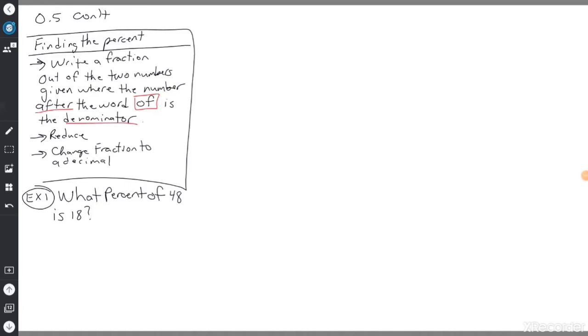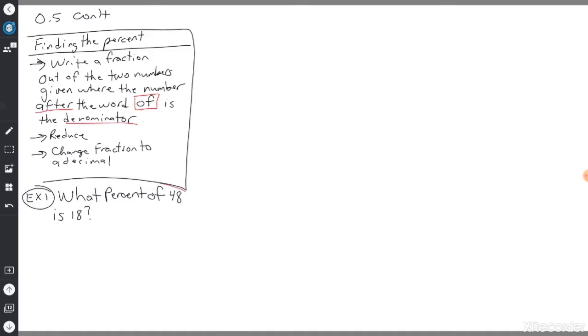So we're going to take a look at this example here where we're being asked what percent of 48 is 18. And if you look at what we use as the rules, the number after the word of is the denominator.